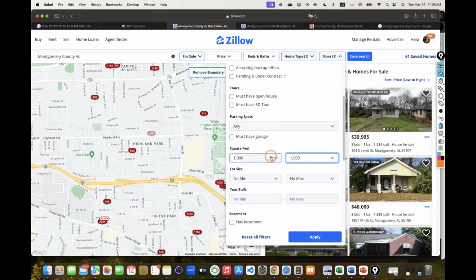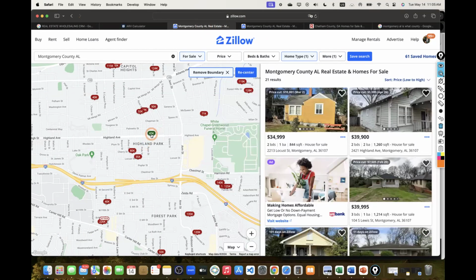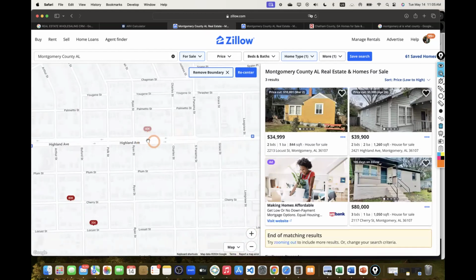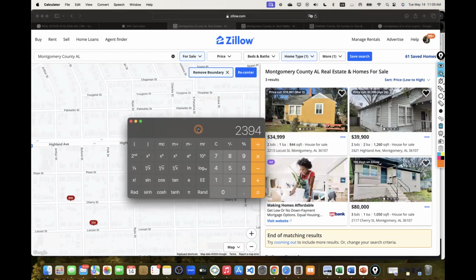So 1500 minus 300, 900. There's no 900, so I have to go down to like 750. And our subject property is right on a major road. Here's the thing. Whenever you come across properties that are sitting right in front of a major road, automatically deduct 10% of whatever the property is worth.